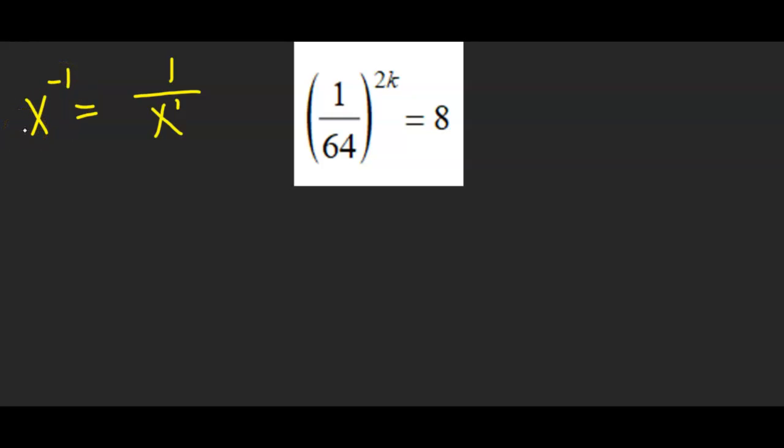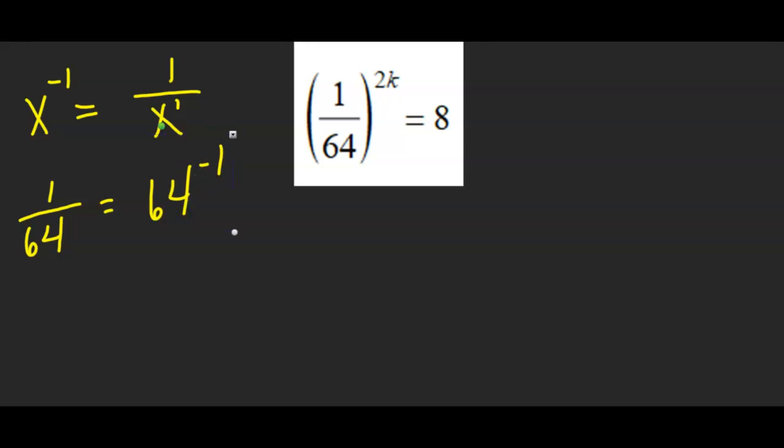Anytime you have a negative exponent, you're going to take that base and put it in the denominator. So if we think backward from that, if I have 1 over 64 and I want to write that as an integer base, I don't want to use a fraction, then I'm just going to make this 64 to the negative 1. So you just kind of have to think backward.